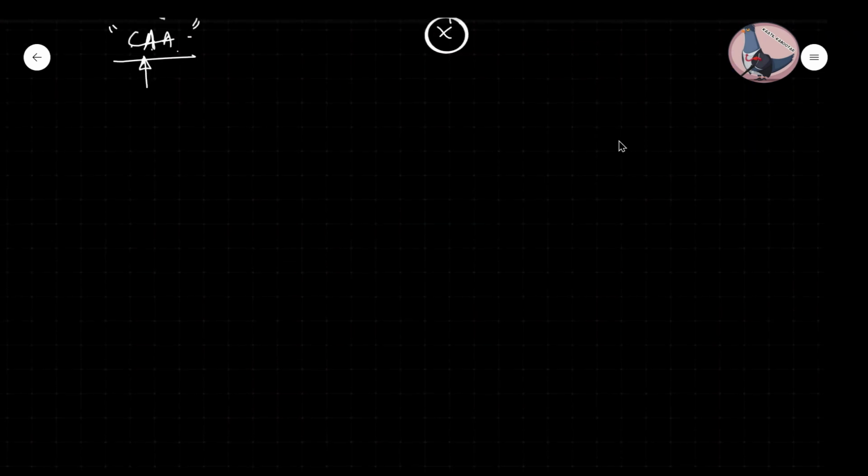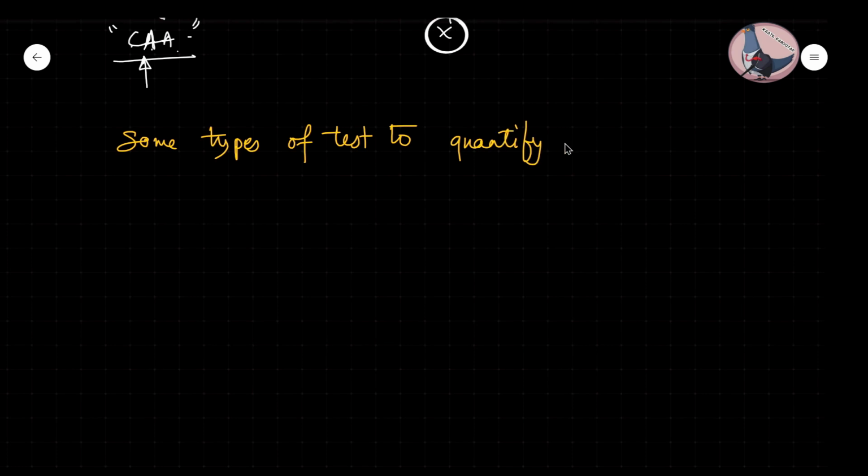Now there are some types of tests to quantify machine performance.